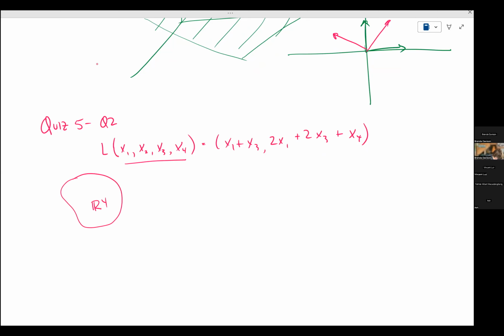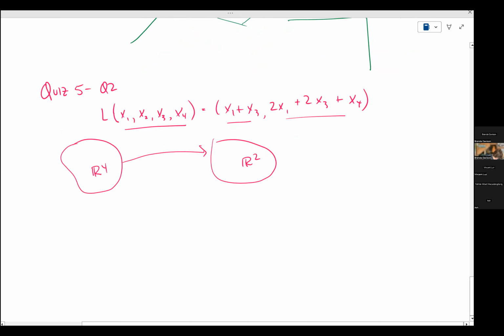R4 is the domain. And over here, 1, 2, it's an R2 vector. So I'm expecting something that looks like this, x1, x2, x3, x4, some vector like that to be transformed by this transformation and be over here, y1, y2.